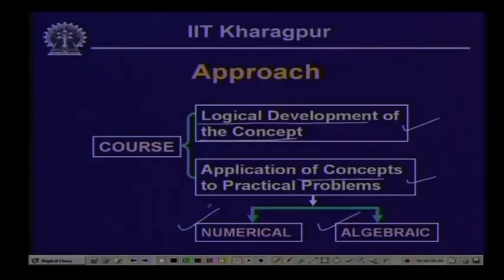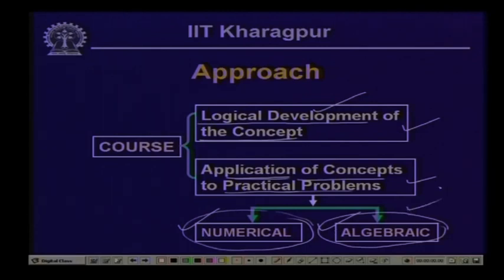So, this is how we classify the two groups of problems. This is what is indicated over here: the application concepts which we derived in the initial stage, when they are applied to practical problems, could be applied to numerical problems or to algebraic problems.